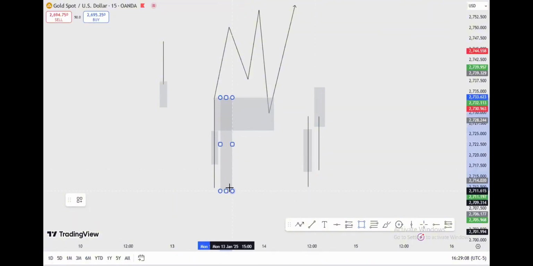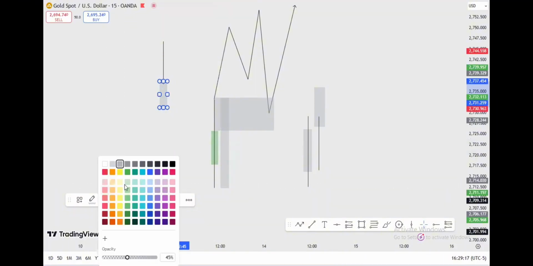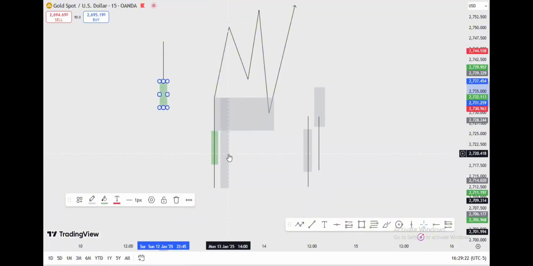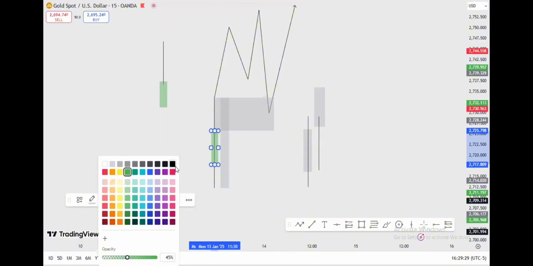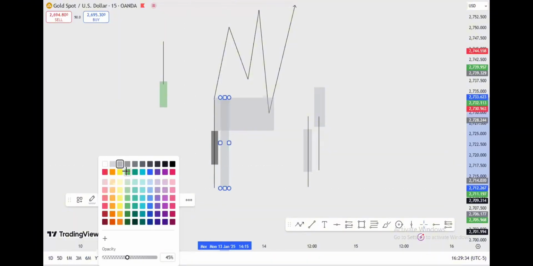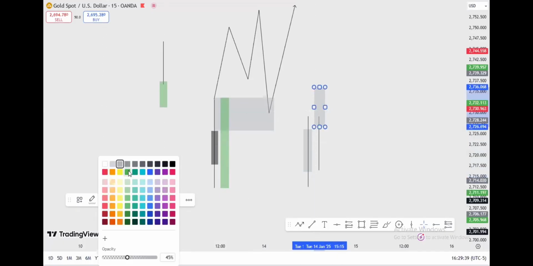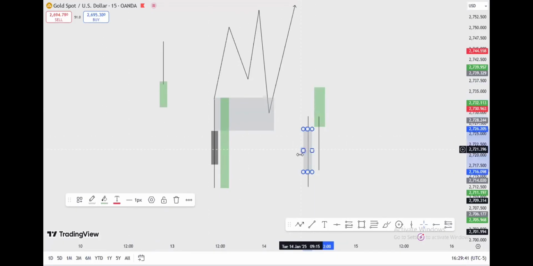Let me just change the colors of this to avoid confusion. This I will use the color green, and this green too. This one I will use the color black.